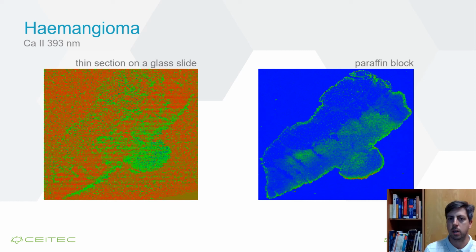Haemangioma is luckily only a benign tumor, so this is only to see the performance of LIBS. You can see the comparison, and you can see also that the paraffin block is much better for the analysis as such. I'm just showing the calcium intensity, or map of calcium, and its relative distribution.